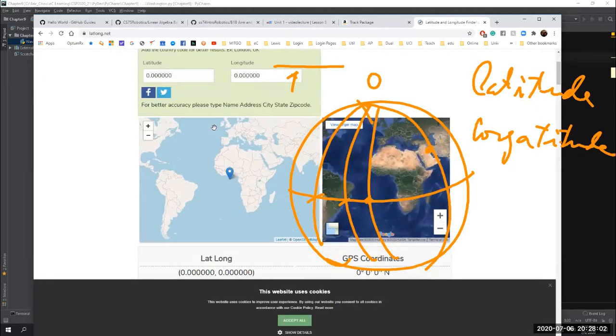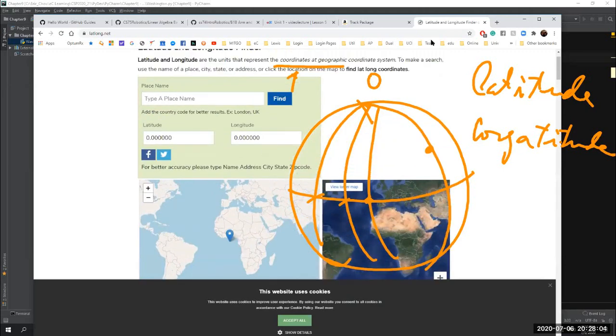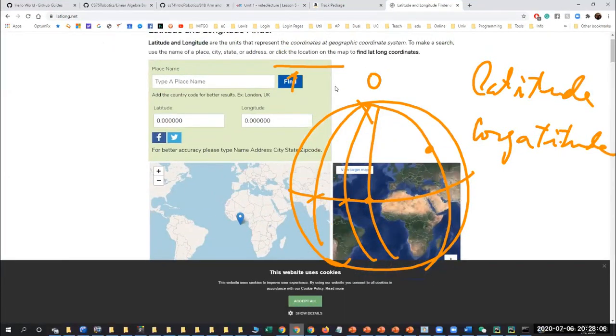So this kind of app is also written by some sort of thing. Let's try this one, minus 120 and 37. Let's see where it is. If it's close to Washington Hospital, then it should be okay.